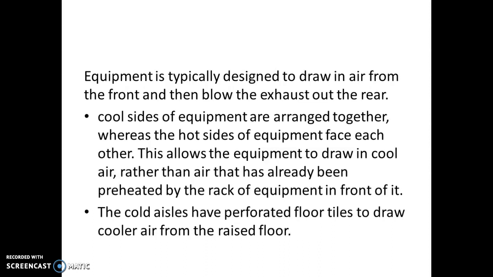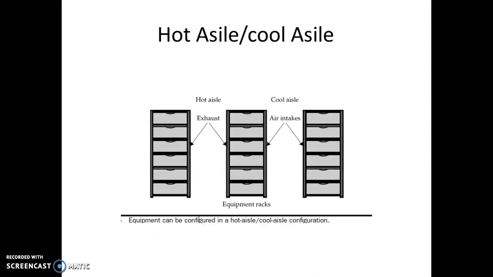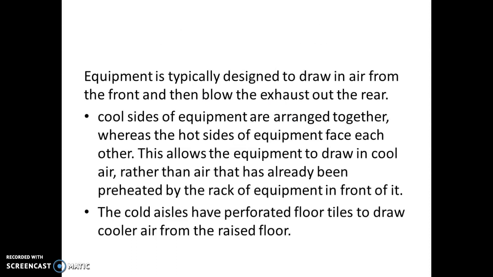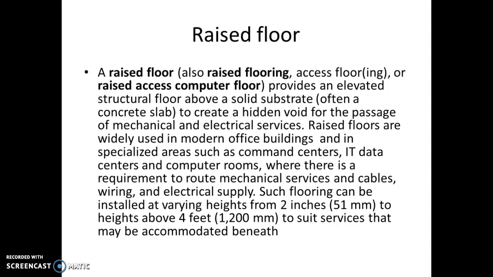This allows the equipment to cool in the cool air rather than the air that has been preheated by the rack of equipment in front of it. The cool aisle is mainly going to draw the cool air from one particular side.